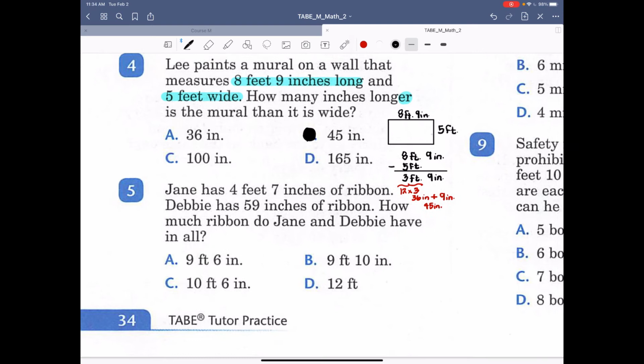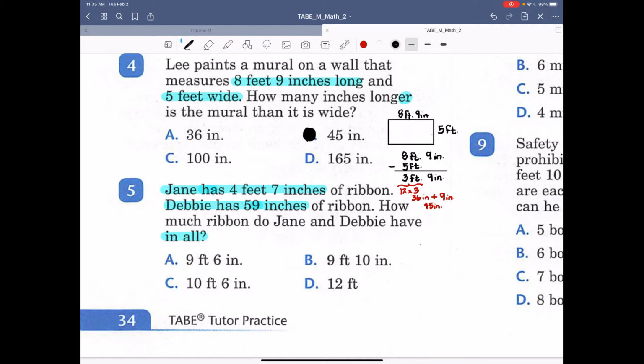Jane has 4 feet 7 inches of ribbon. That's what she has. Jane. Debbie has 59 inches of ribbon. How much ribbon do Jane and Debbie have in all? So this is an addition problem.